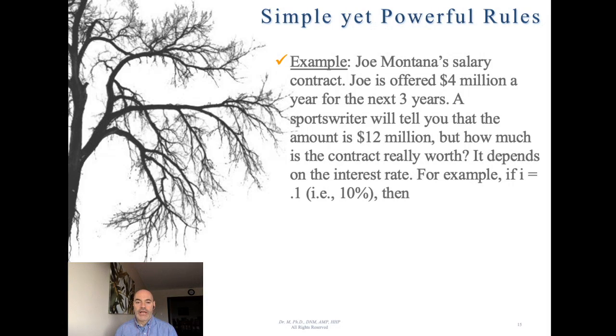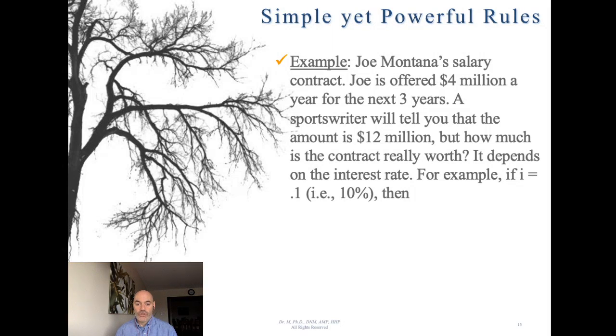Joe Montana's salary contract, hypothetically, is offering $4 million a year for the next 3 years. A typical sports writer will tell you that the amount is $12 million.